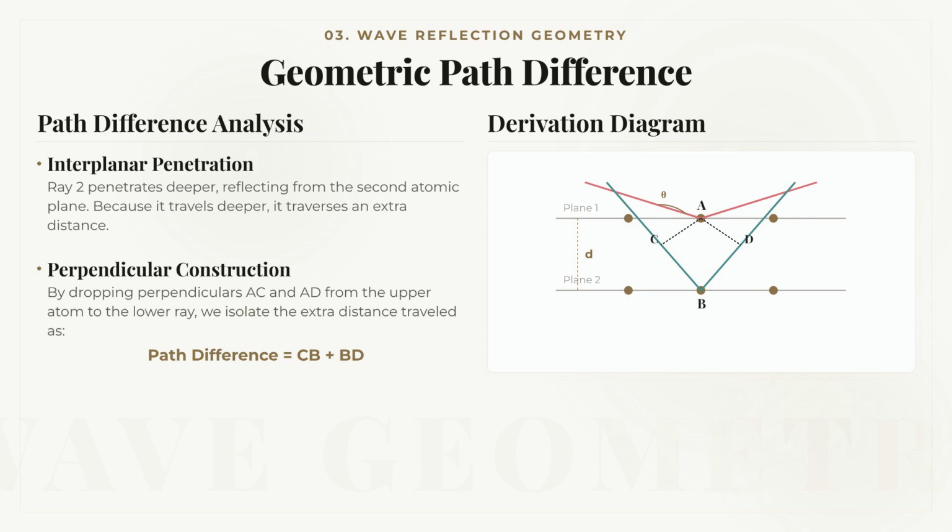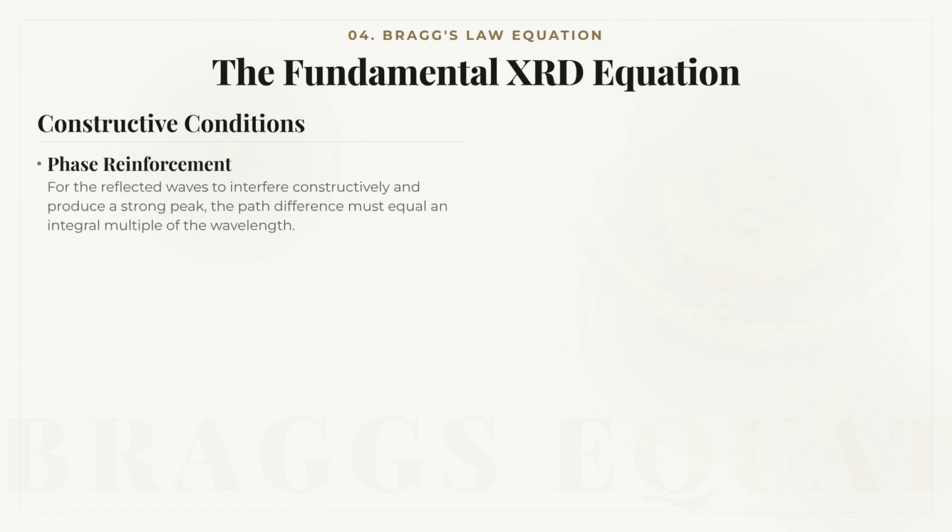The lower reflected ray travels an extra distance before emerging from the crystal. This extra distance is called the path difference. Using simple geometry, the path difference is found to be equal to 2d sine theta. That is, path difference equals 2d sine theta.